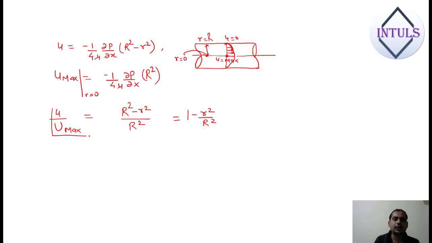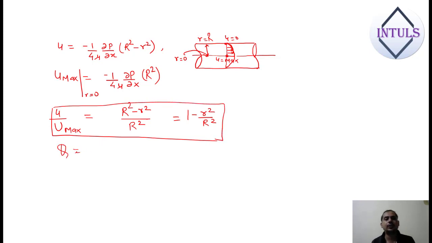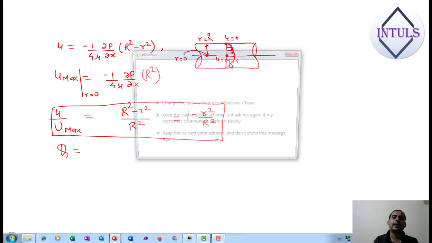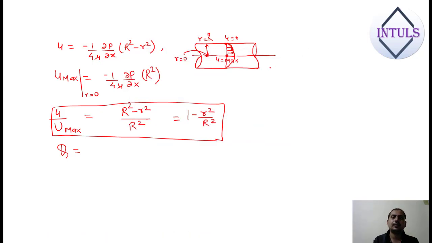Now we are going to calculate discharge or Q. What is the Q? What is the discharge in the pipe? So for the discharge you need to know one thing. Discharge can be calculated by the average velocity in the pipe. So the velocity is changing from here to here, but anyhow if you calculate the average velocity and then you multiply the cross sectional area of the pipe, you will get the discharge.